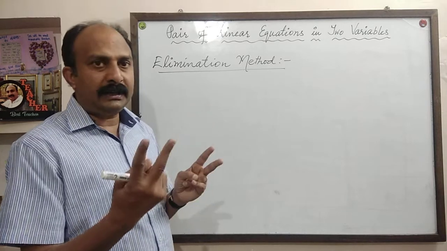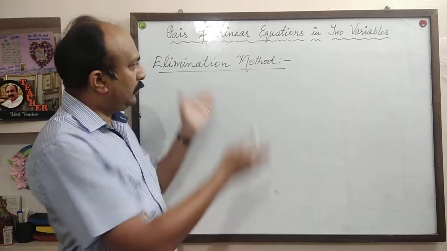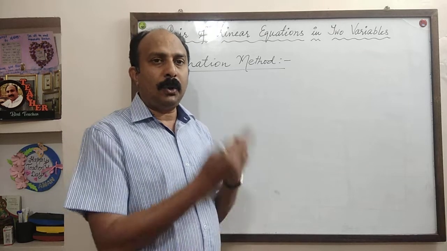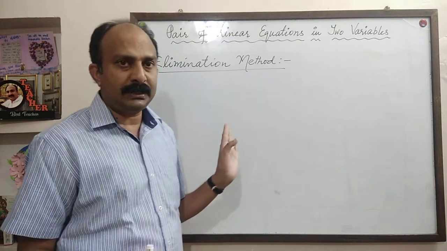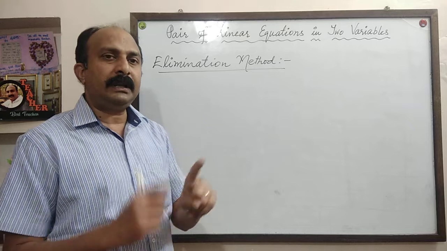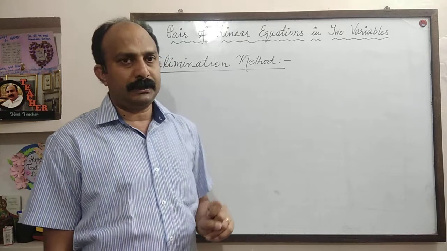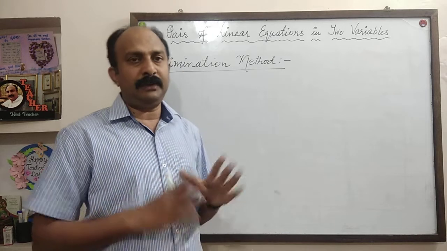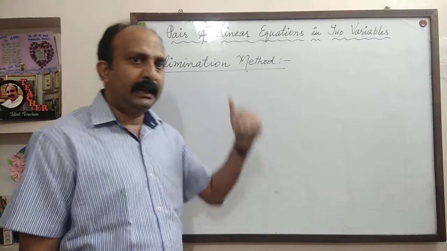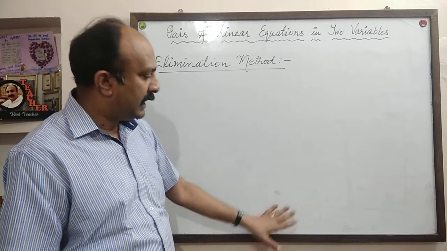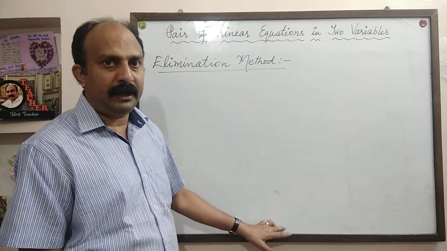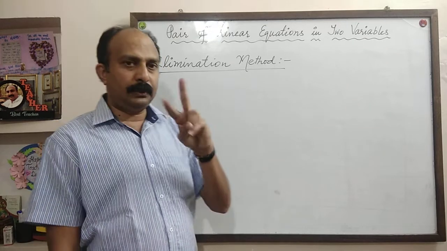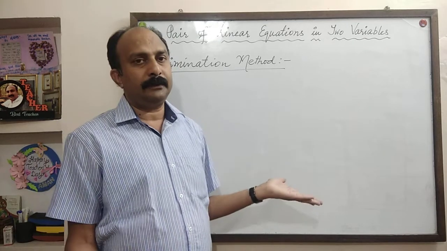There will be two variables x and y, so in this method we will be eliminating either x or y from the equations. So the equation will be converted into a one variable equation. From a one variable equation, we will straight away get the value of that variable. Then, as we did in the previous method, substitution method, after getting the value of any one variable, we will substitute that value in any one of the two given equations to get the other value.